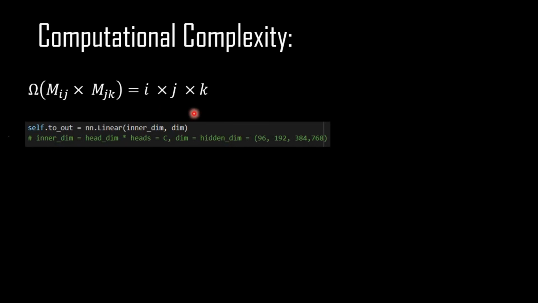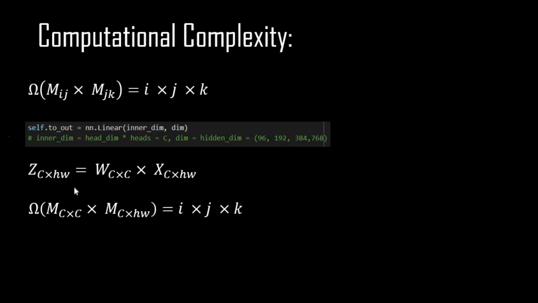Also, we had another linear layer, so let's calculate for that one. This time the size of w is c by c, which we multiply by x, c times hw, and z is going to be c times hw. So the time complexity of that is i times j times k, which is hw c to the power of 2.